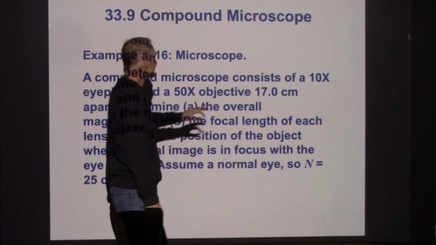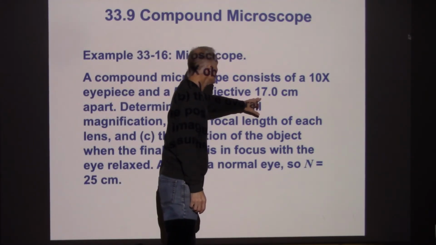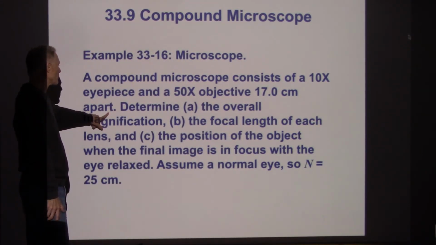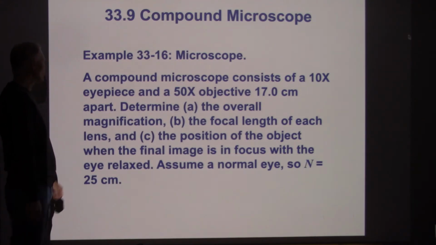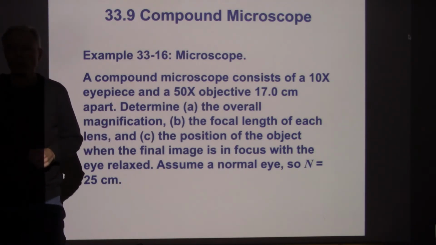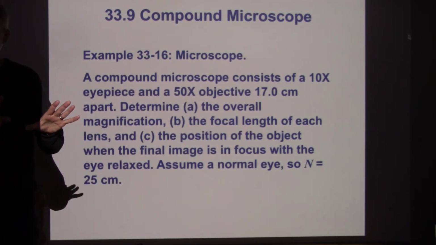And it says that the distance between the two is 17 centimeters, they're placed 17 centimeters apart. So they want us to find the overall magnification, find the focal lengths, and then calculate the position of the object. Where does the object need to be placed? Okay, got it.